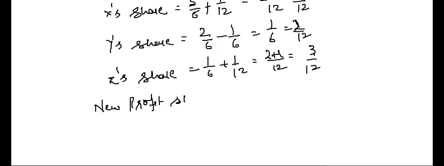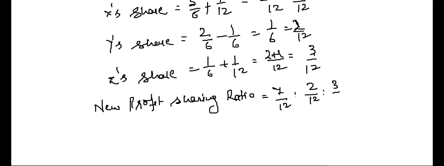The new profit sharing ratio is 7/12 is to 2/12 and 3/12. That means 7 is to 2 is to 3. This is the new profit sharing ratio.